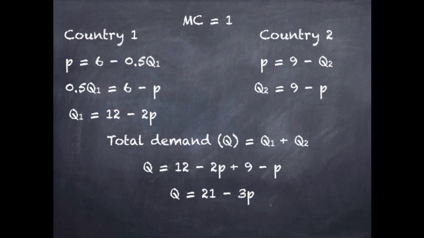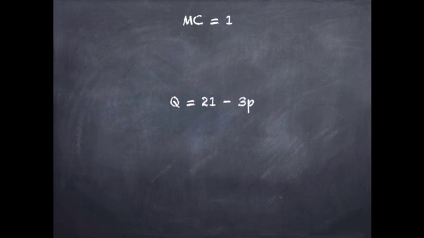So that would probably be the part that would cause most students, or the students that have difficulty, a problem: knowing that you need to go from the inverse demand function to the demand function, add the demand functions together for the two countries, get the demand function as a summation of those two demands, and then go and convert that back to an inverse demand function.